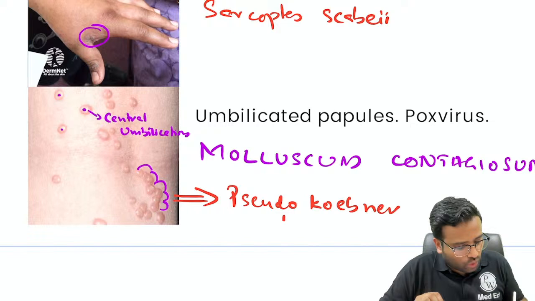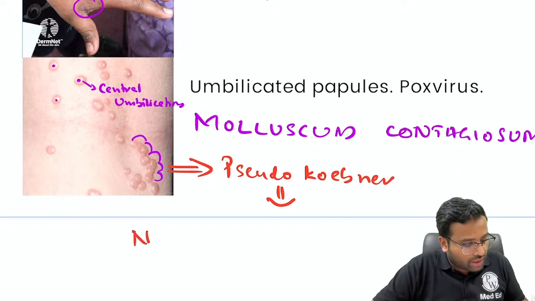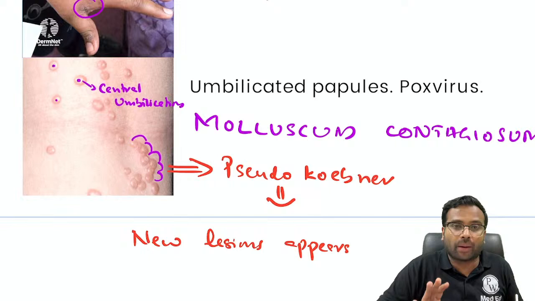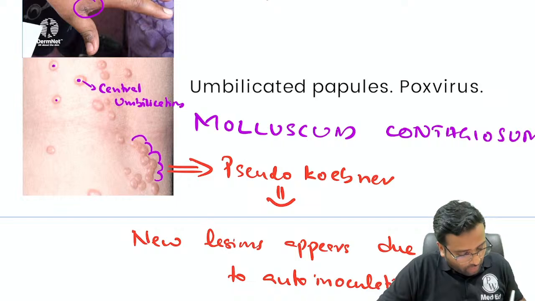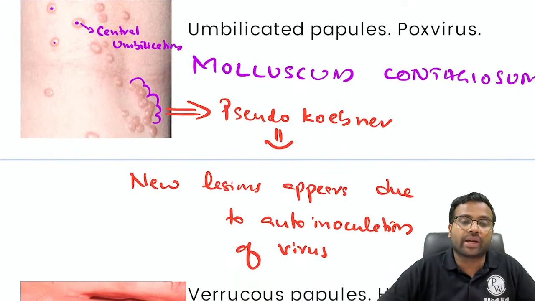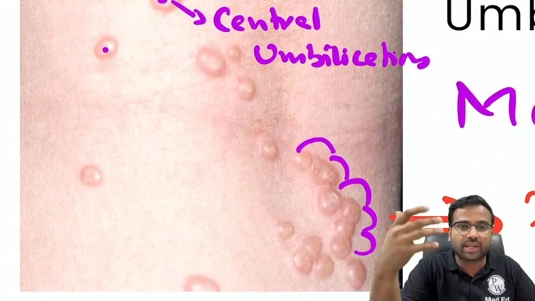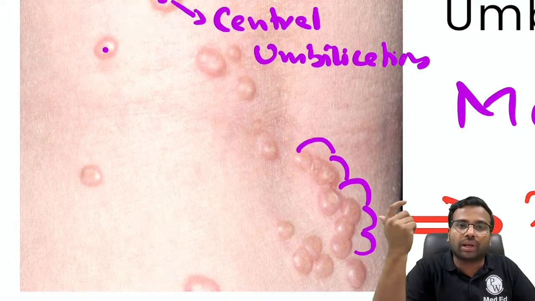What is happening in pseudo-Koebner or pseudo-isomorphic phenomenon? Here, new lesions appear not because of trauma, but due to auto-inoculation of the virus. What must have happened is, this is a child who has got molluscum contagiosum, again caused by a pox virus. Every time you get a pimple, what are you doing?